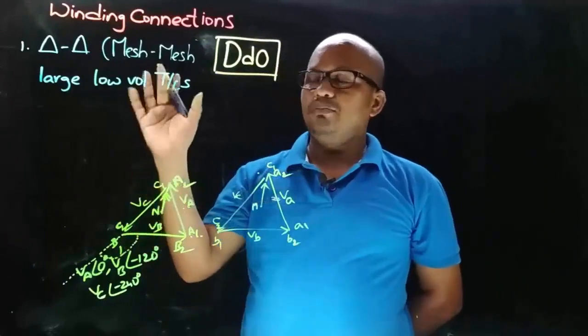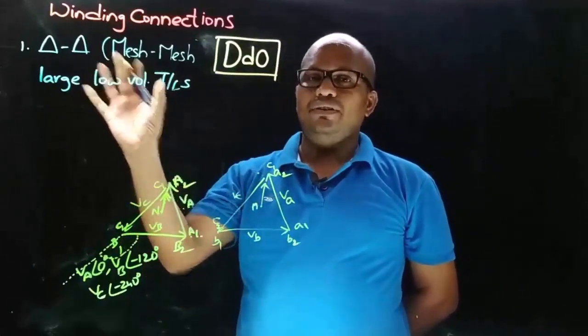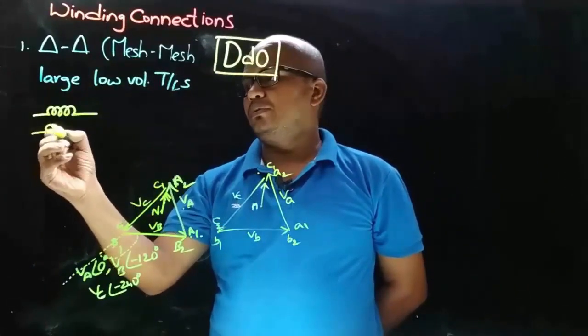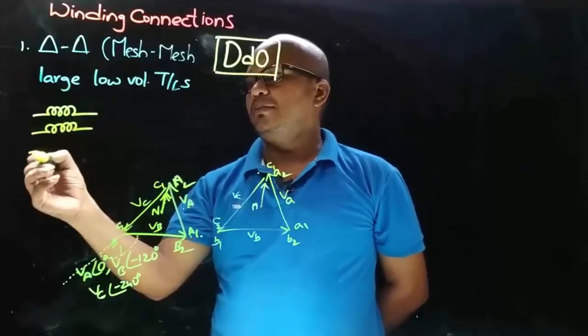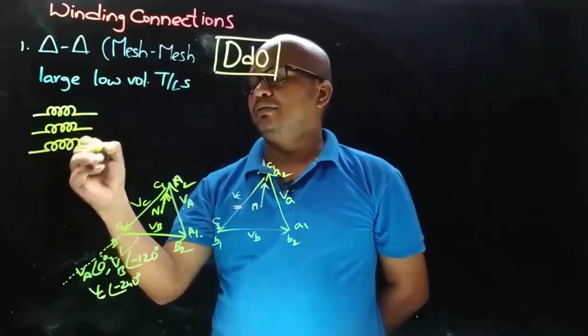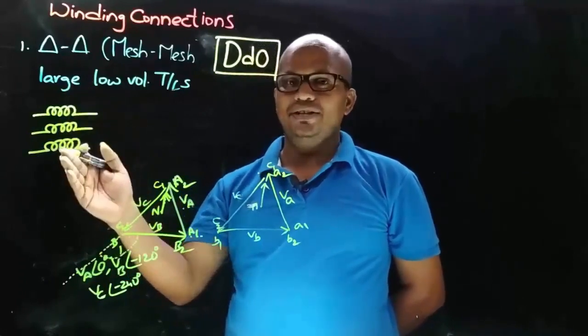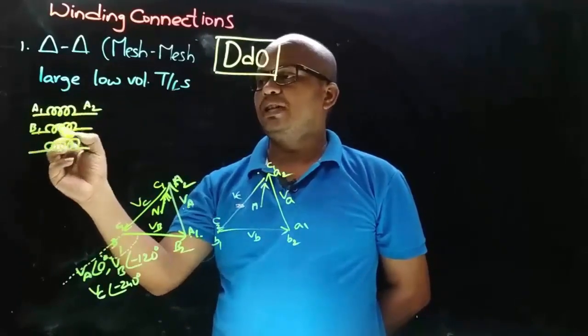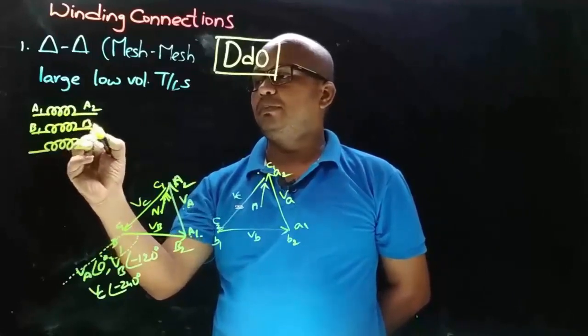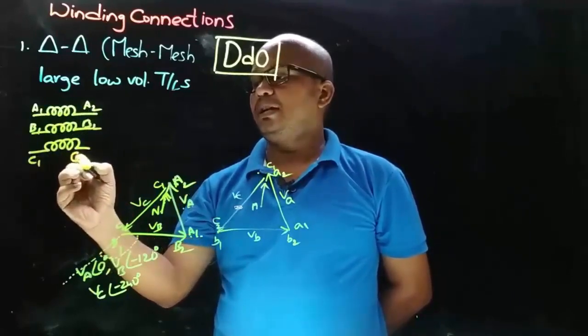Now let's draw the other possible connection of delta-delta. So let this be the primary side windings, that is HV side windings. So the terminals are capital A1, capital A2, capital B1, capital B2, capital C1 and capital C2.